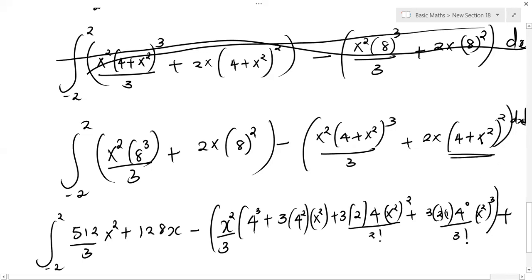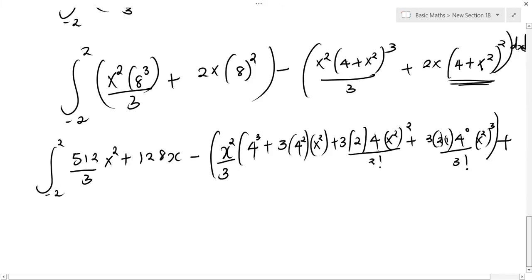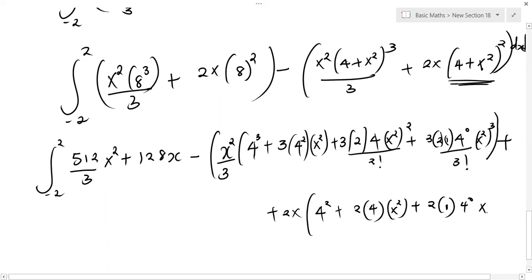Then we have this over here. So plus 2x into, opening that up, that is 4 squared plus 2 into 4, then multiplied with x squared plus 2 into 1, 4 raised to power 0, x squared raised to power 2. All this divided by 2 factorial.